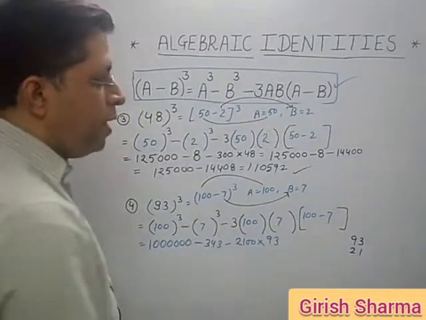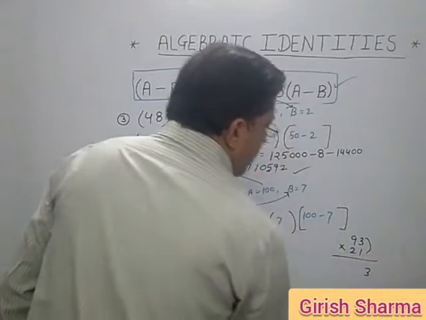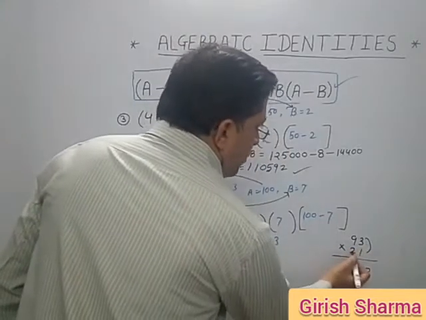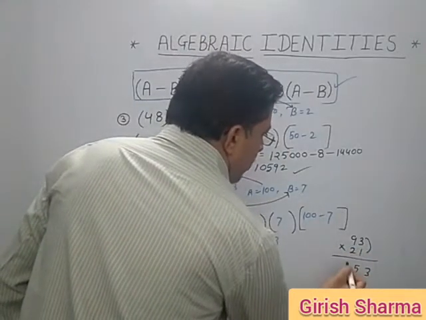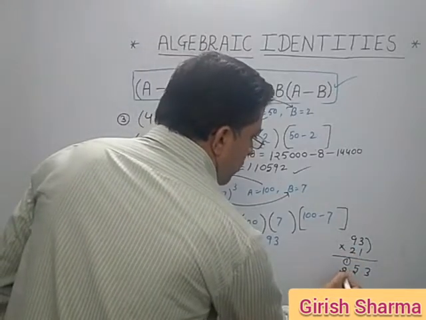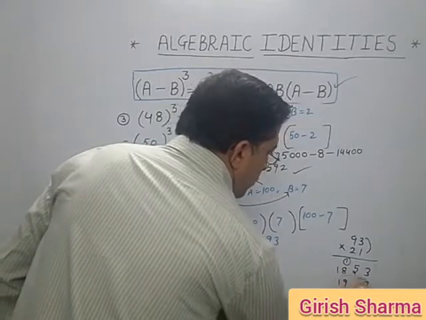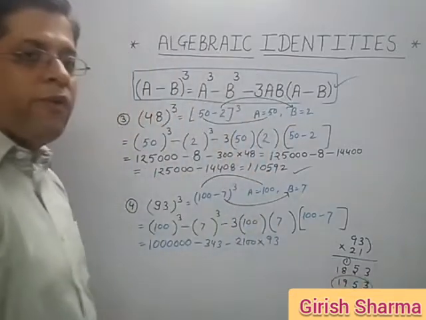You have to multiply by Vedic multiplication. Just see, 3, then 9 and 6 is 15, 5 carry 1, 9 twos are 18, so what will come? 1953.